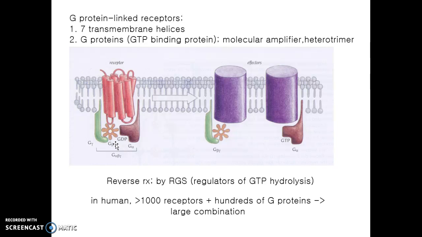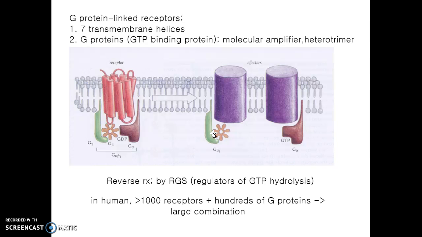When G protein is activated by binding GTP, something like this, the heterotrimer dissociates into the alpha subunit and the beta gamma heterodimer.